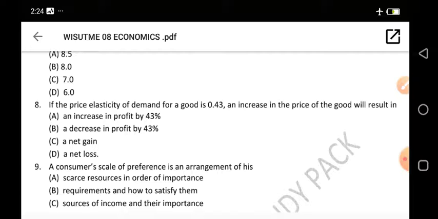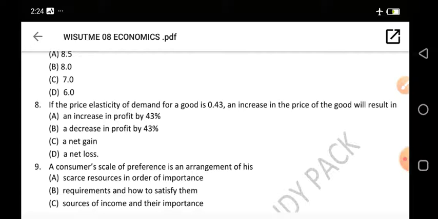So consider an increase in the price of a good that is inelastic. If you increase the price, quantity demanded will change little or remain the same, because that's the nature of inelastic goods. They respond to price little, or they don't respond at all. So if this happens, the producer will be making a gain. That is why C is the answer to that question, because that will result in a net gain.